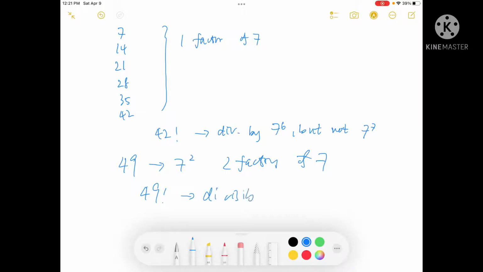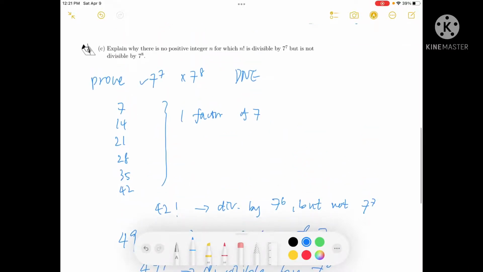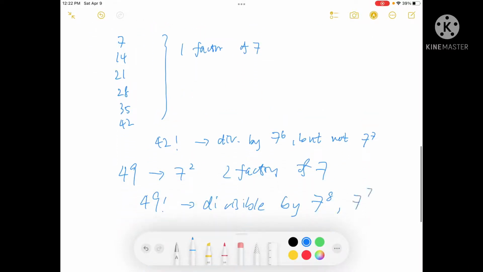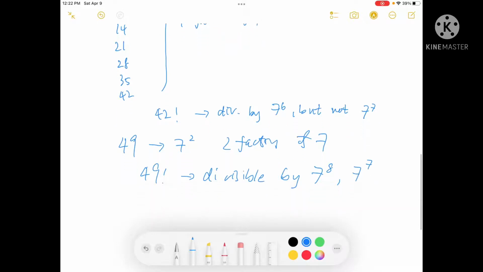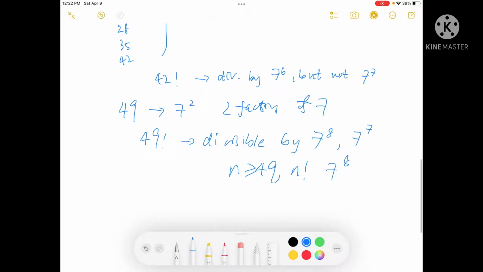So 49 factorial is divisible by 7 to the power of 8, and it is also divisible by 7 to the power of 7. But the previous number, 42 factorial, is divisible by 7 to the power of 6, but not 7 to the power of 7. So we know that for each positive integer n greater than or equal to 49, n factorial is divisible by 7 to the power of 8, and possibly other higher powers of 7.